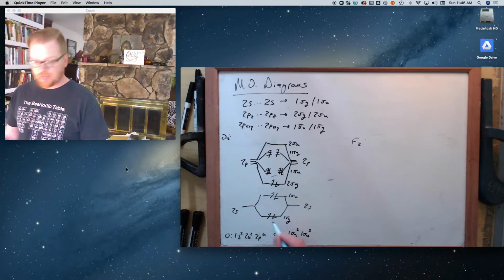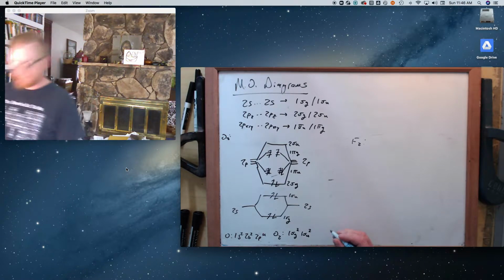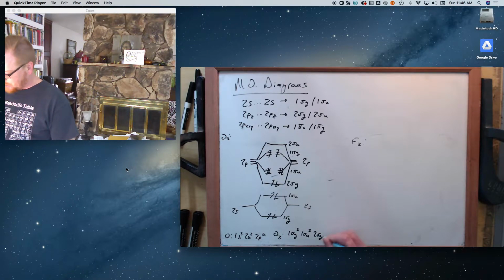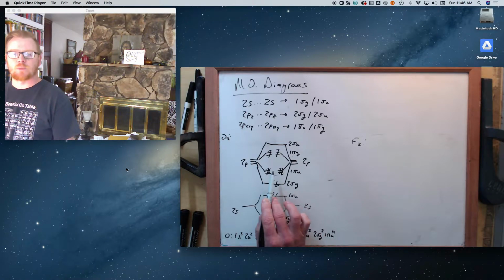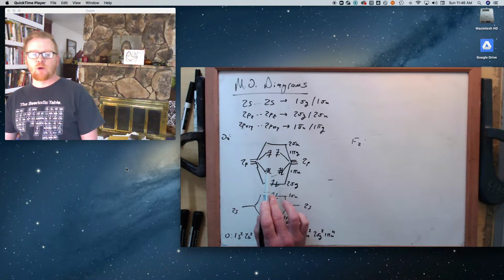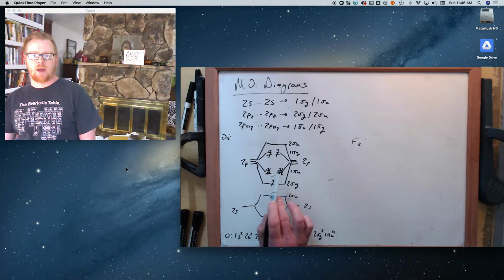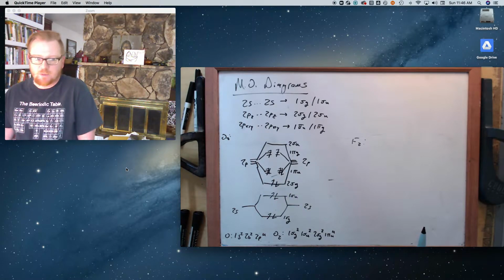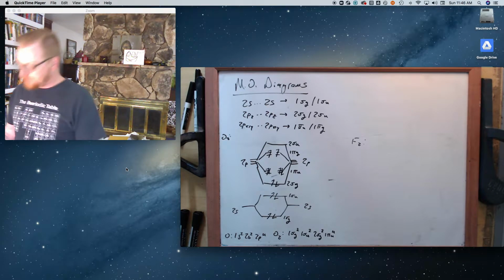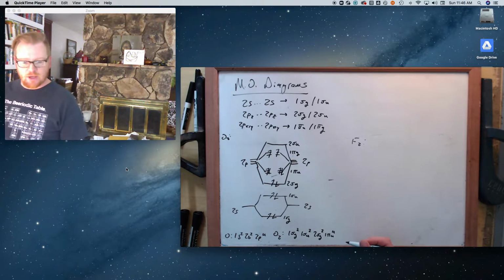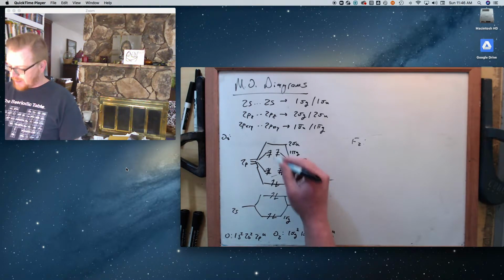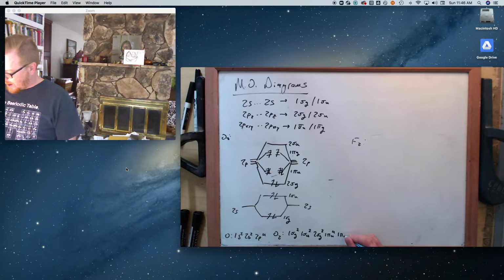So 1 sigma G and there's 2, 1 sigma U2, 2 sigma G2, and for now I'll just write that as 1 pi U4, but we could specify if this is X and Y. And we don't know which one of these are X and Y, but it doesn't matter. One is X and one is Y. And we'll see why that matters soon. And then finally, 1 pi G2.